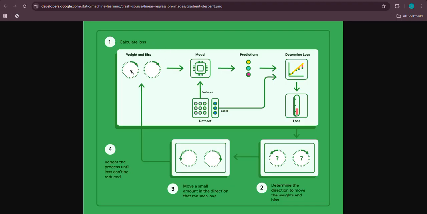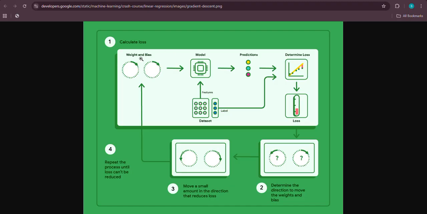Then by calculating loss, we will shift our weight and bias a little. Repeating this process, at a certain point we can't shift our weight and bias more because the loss is at its minimum. Means after shifting weight and bias, the loss will not be minimized. So the weight and bias will be fixed.